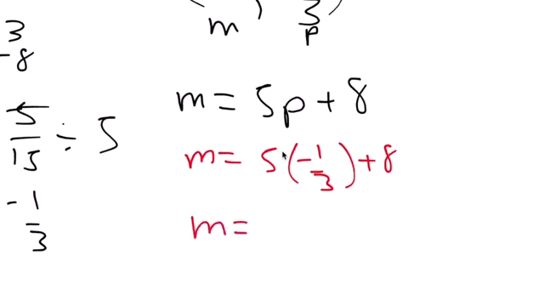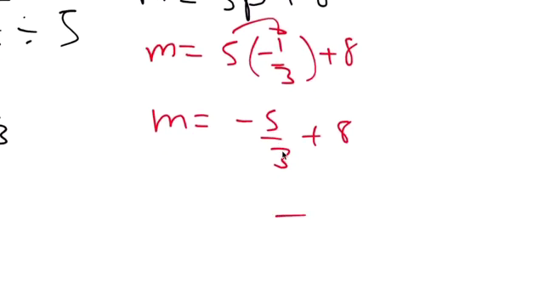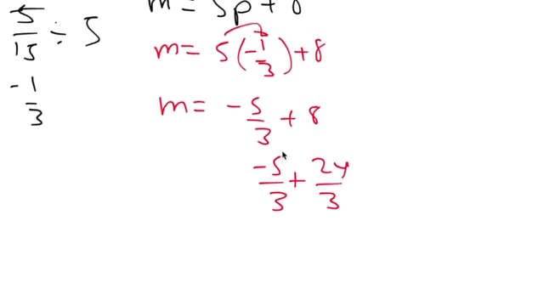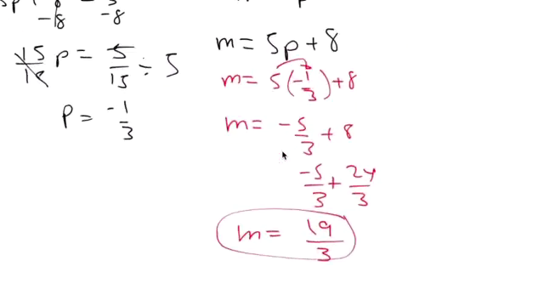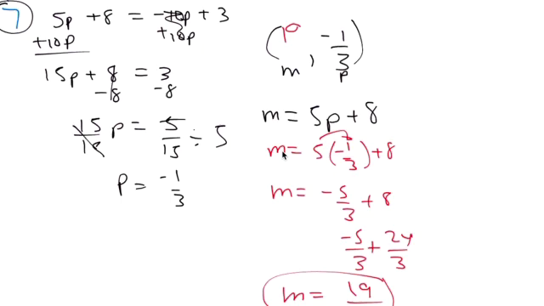M equals negative 5 over 3 plus 8. Common denominator is 3. That's 24, negative 5. You add them together, you get 19 over 3. You need to know your adding and subtracting fractions. So this is 19 over 3.